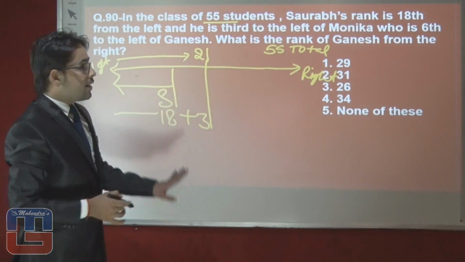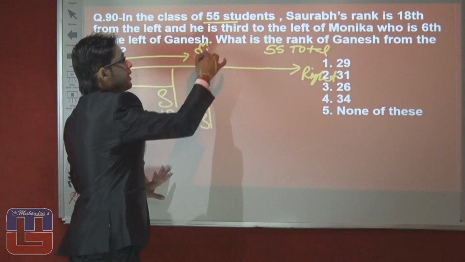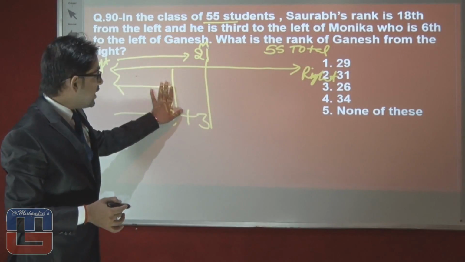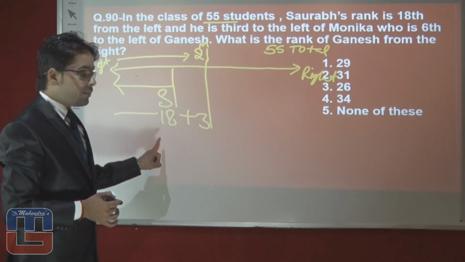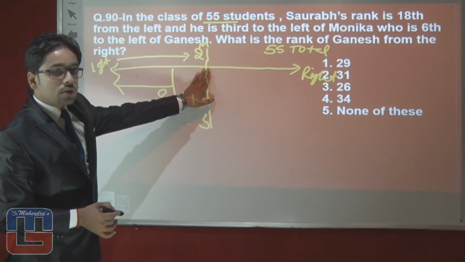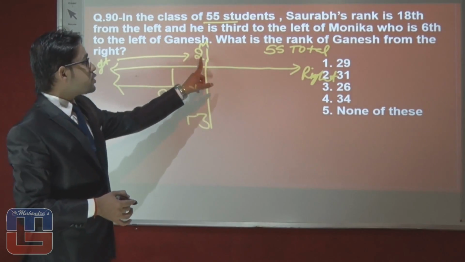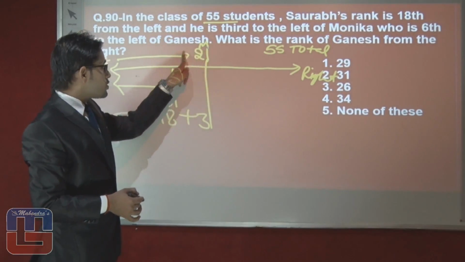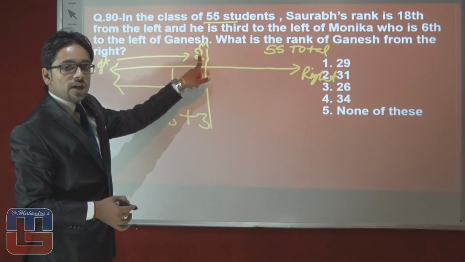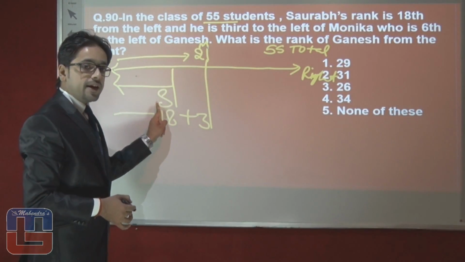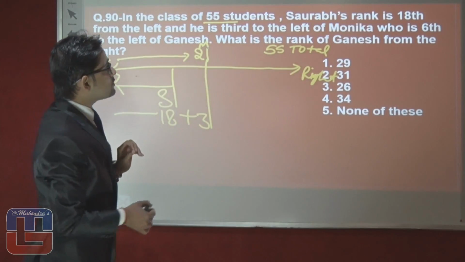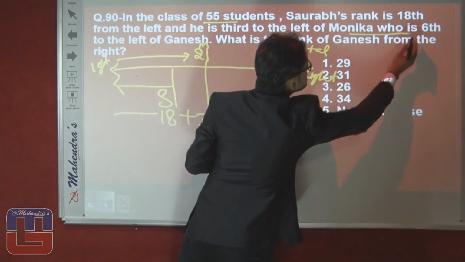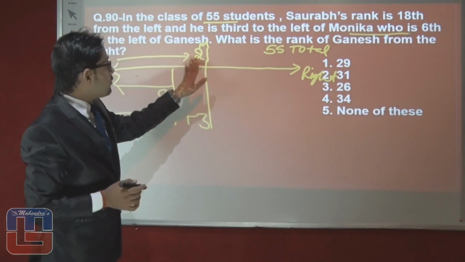Now you can see the position rank of Monika is 21 from the left side. Now you can cross-check the statement that Saurabh is third to the left of Monika or not. Monika is 21. If Monika moves towards the left direction, then we have to consider 21 minus 3, which will be 18.